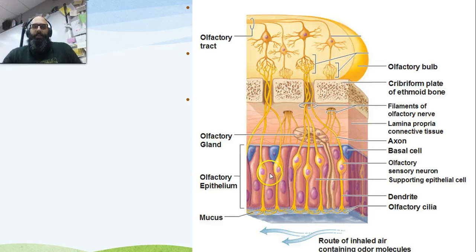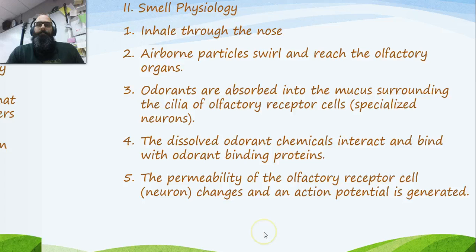Going through all of those, orange is going to be the sensory cells, pink is going to be the supporting cells, and blue is going to be the basal cells, combined with the glands that secrete the mucus for all of these to be soaked in.